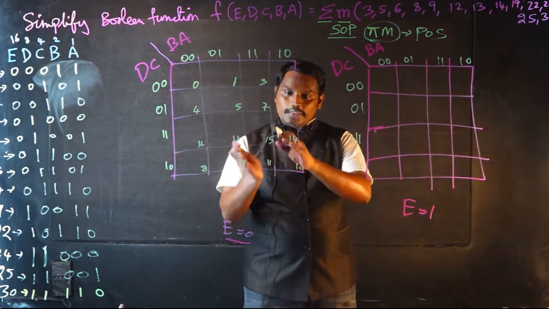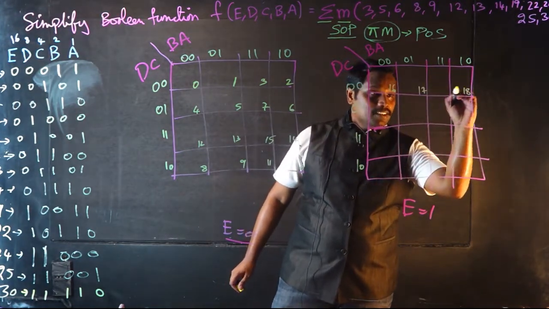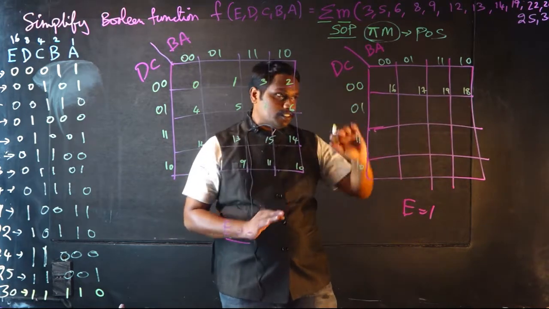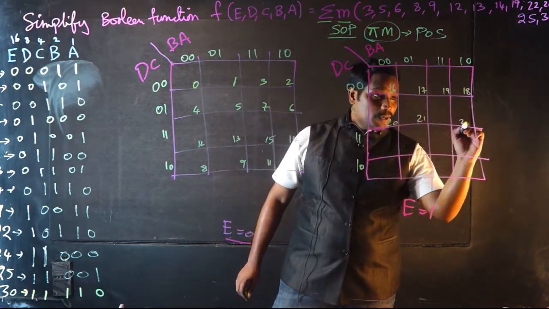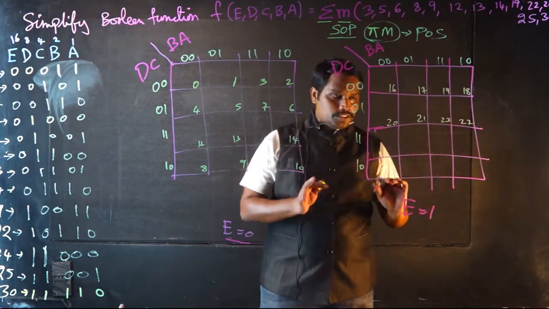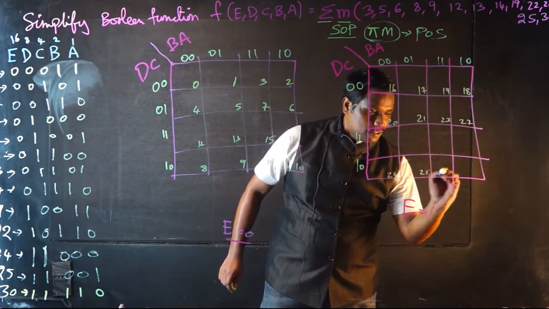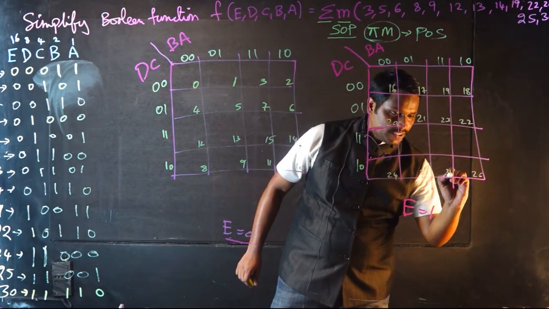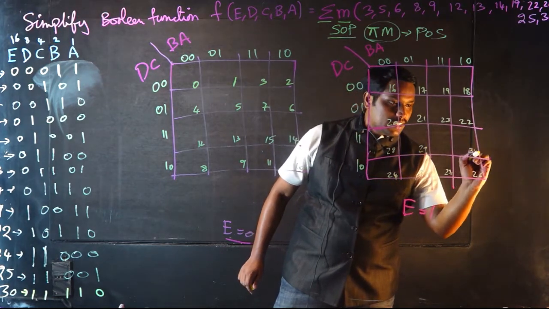And now after 15, you are going to plot again 16 here, 17, 18, and 19. Hope this is clear. This is how we are going to represent it. So 19 completed. Then 20, 21, 22, 23. And coming down, after 23, 24, 25, 26, 27, and then 28, 29, 30, and 31.